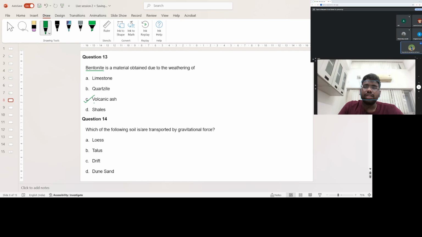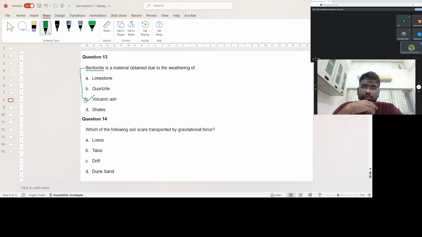If you take volcanic ash, ash is already fine, and further weathering gives this even finer material. So bentonite is a product of weathering of volcanic ash. And it has a very peculiar property, which we'll discuss a bit later.